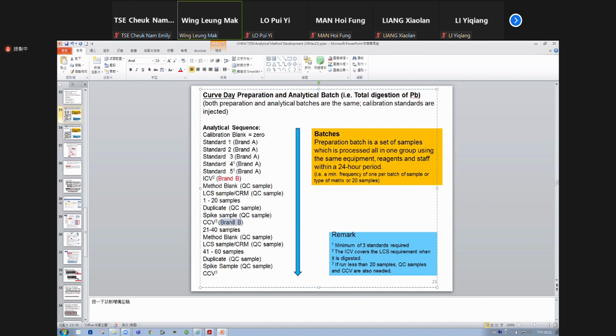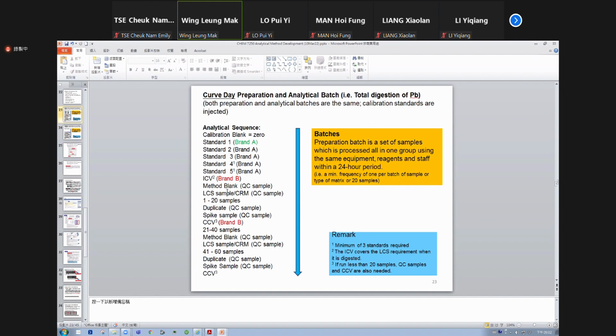Just like that. You purchase two, for example, nowadays you purchase 2 RAT kits, right? For your test, if you unfortunately get a positive, the suggestion is you try another RAT kit. If both are positive, you have the confidence it is a correct positive. Something like that. You purchase brand A to prepare your calibration curve.